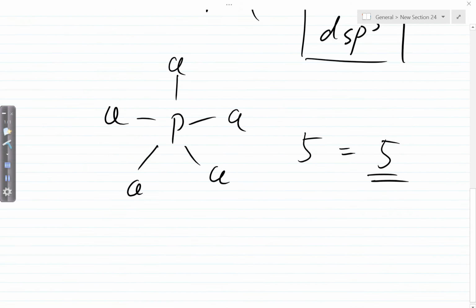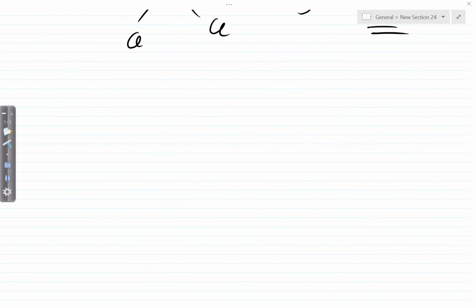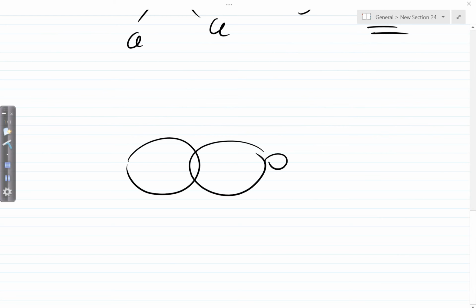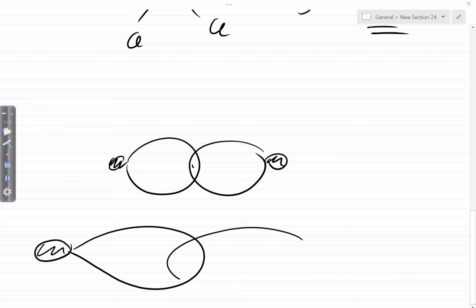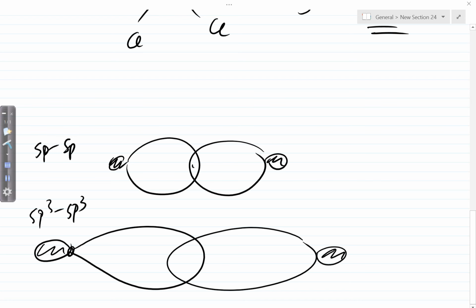Remember, I already said that these are your sp overlap, and your sp3 is more elongated because it looks more like that. So this is sp-sp, this is sp3-sp3. We know that the nucleus is here, here, and here.